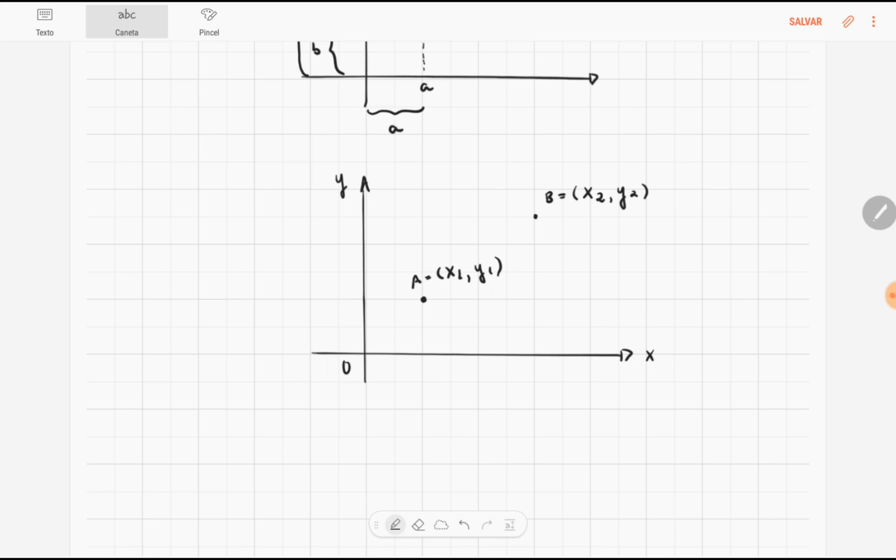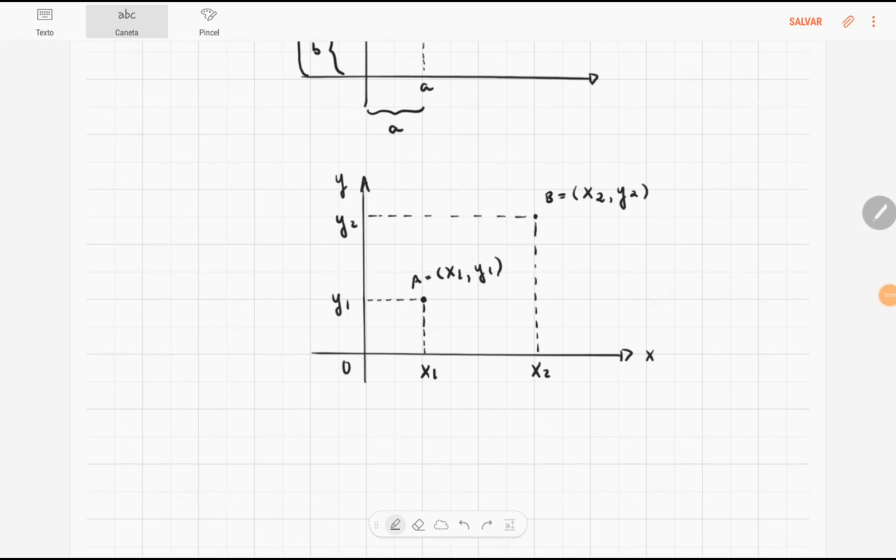So the abscissa of A is x1 and the abscissa of B is x2. The ordinate of A is y1 and the ordinate of B is y2.